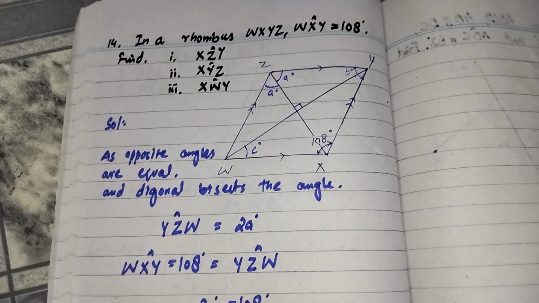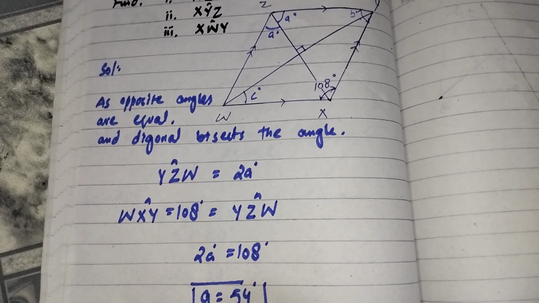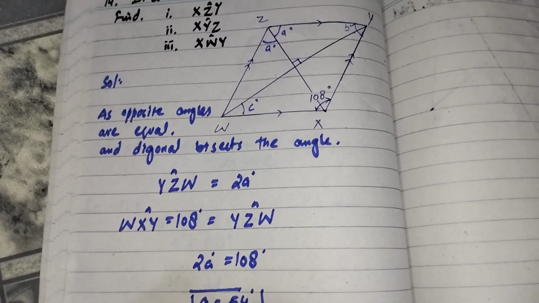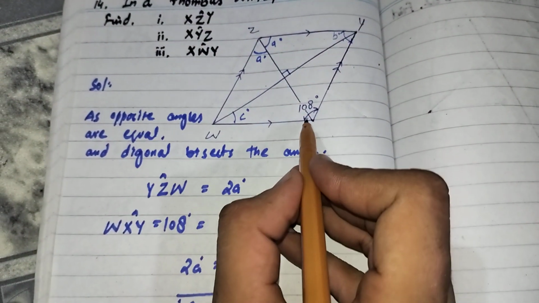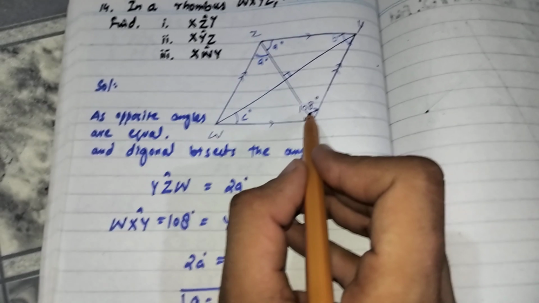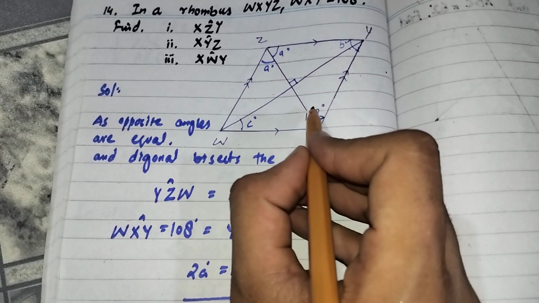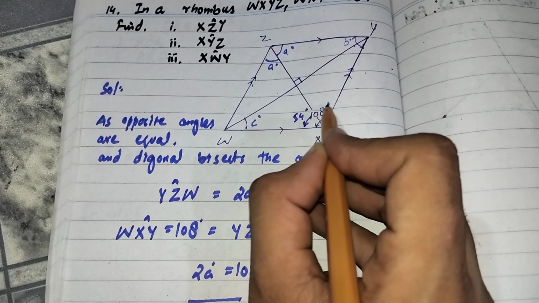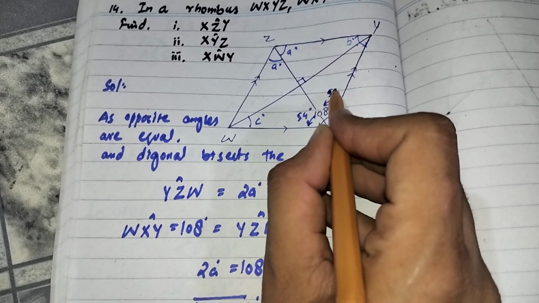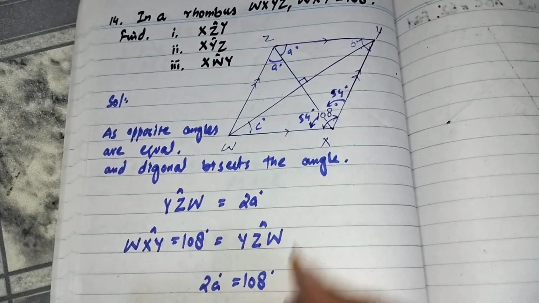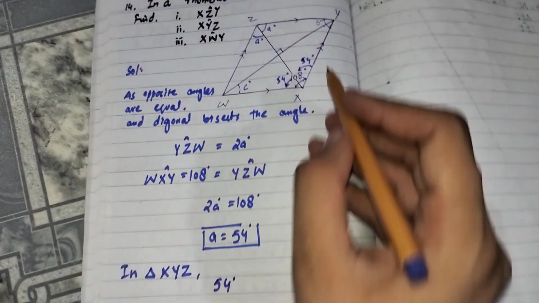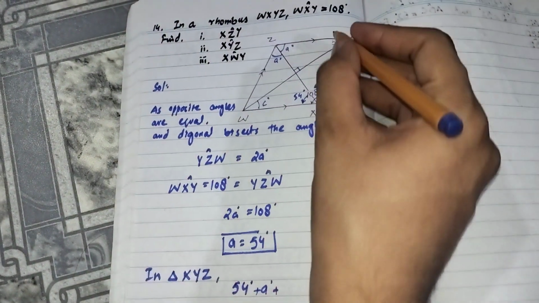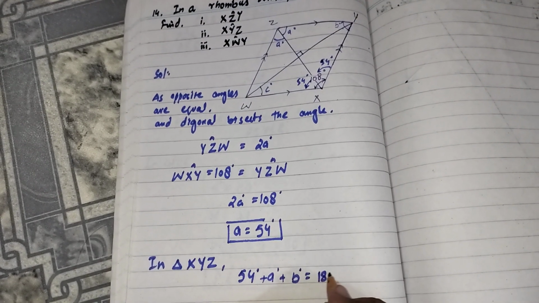To find it, I am considering triangle XYZ. As the diagonal bisects the angle, it is 54 degrees and also 54 degrees. So this is 54 degrees, this is 54 degrees, this is A which is also 54, and this complete angle B, which we have to find, together make 180 degrees.